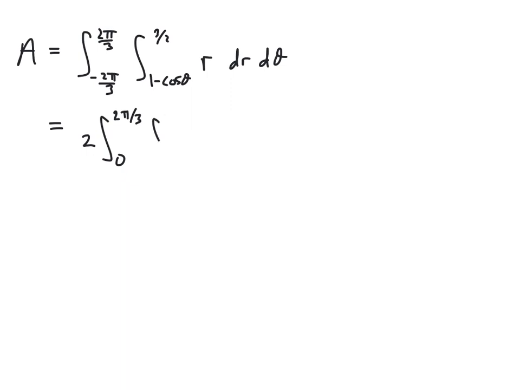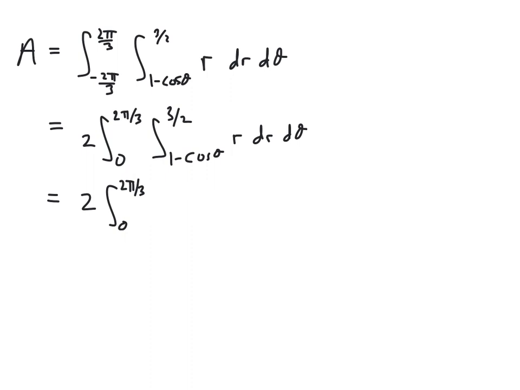This will be easier to compute because it'll be easier to evaluate a trig function at 0 than it is at negative 2 pi over 3. We can't always do this, but oftentimes it is possible. Now we have to integrate this function with respect to r. So we have 2 times the integral from 0 to 2 pi over 3.